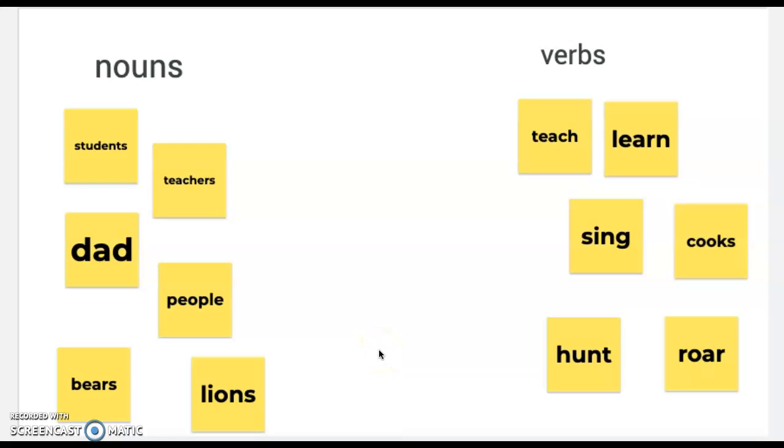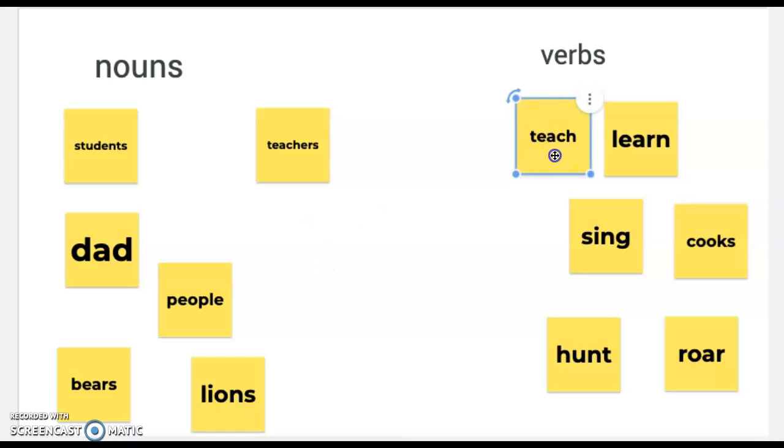Now, one of the tricks that you have to pay attention to is that our subjects have to agree with our verbs, and we call this subject-verb agreement. So our nouns, the subjects, have to agree with the verbs. Now, Mrs. Albert, what are you talking about? What I mean is, if I have teachers, what do teachers do?